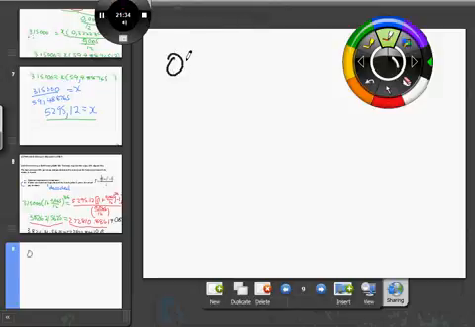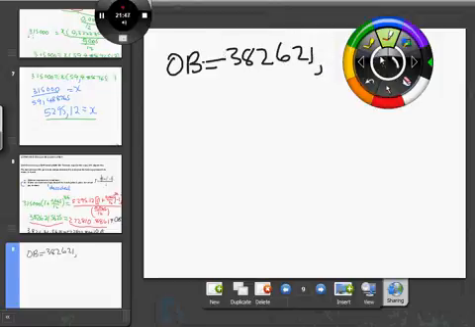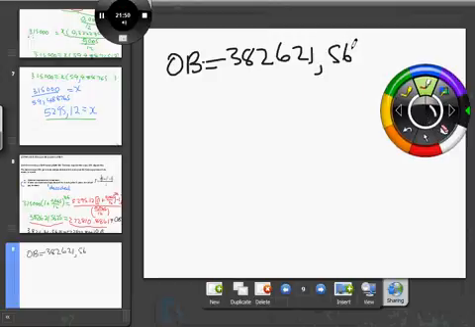Our outstanding balance is equal to 382,621.5625 subtract 272,810.8861. So when we subtract that, I'm just going to press my calculator.